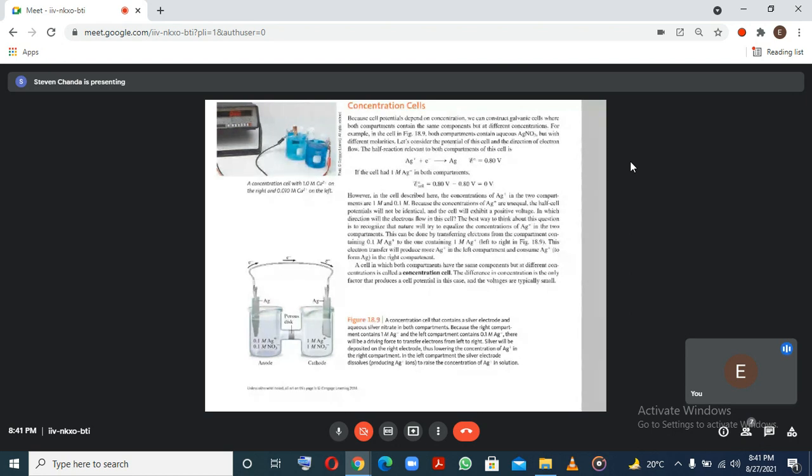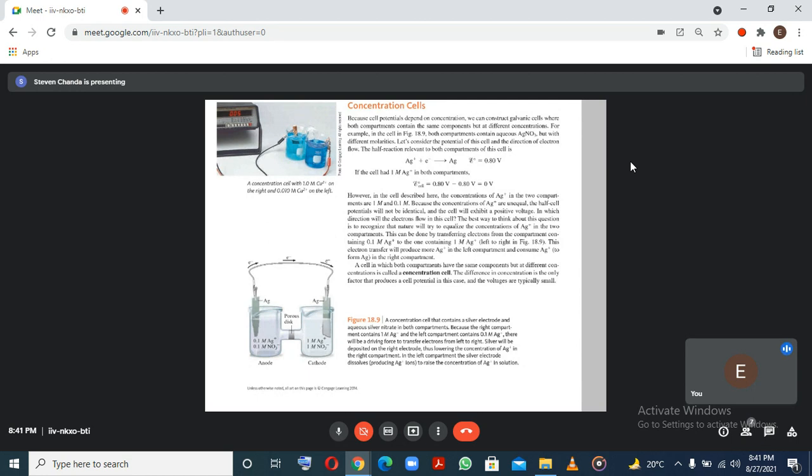Then on the left, you've got the same copper 2 with a molarity of 0.01. So now the question is, in which direction will the electrons be going?